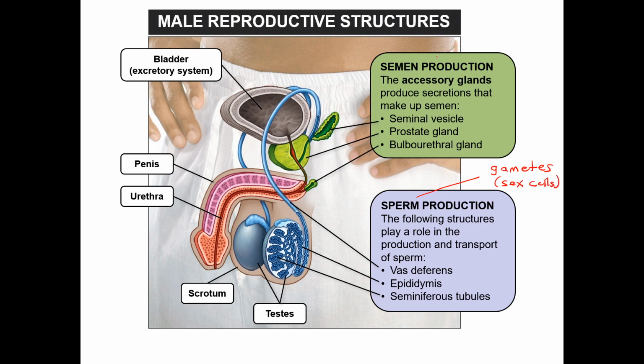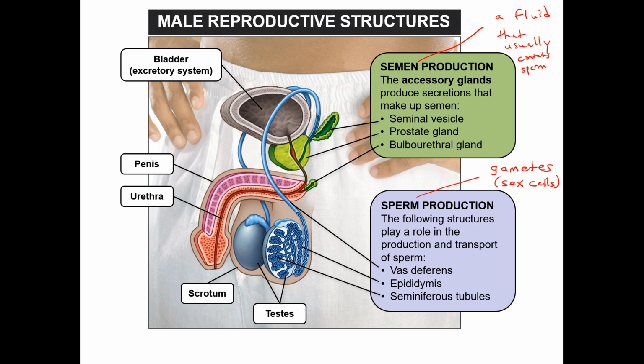Semen is a fluid with other things in it that usually contains sperm. When it comes out of the body, usually that semen contains sperm. And we'll talk about each of these different structures here that are involved in making and transporting sperm and semen as well.